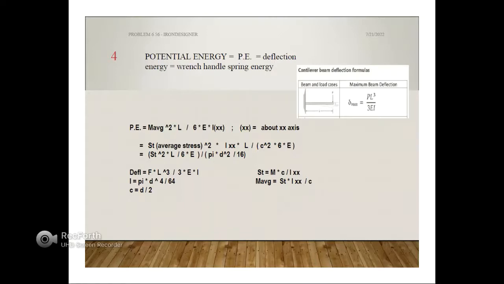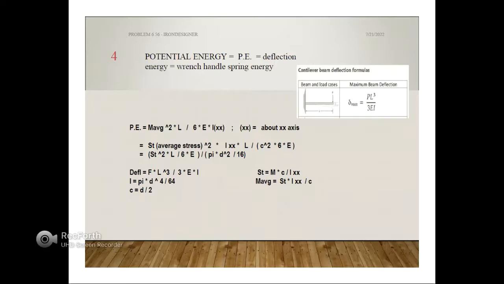The average stress sustained by the wrench is stress squared times the moment of inertia of the rod of the wrench times the length of the wrench divided by c squared, which is the distance from the neutral axis to the outer radius, times 6 times E.